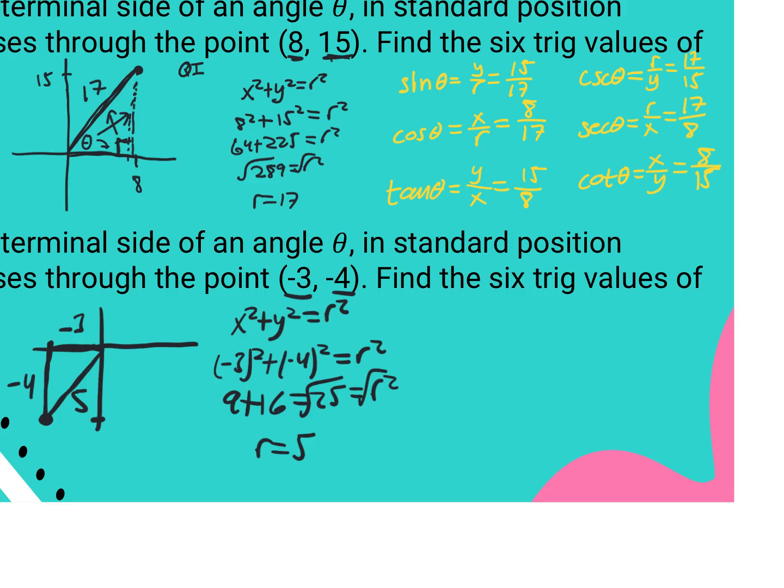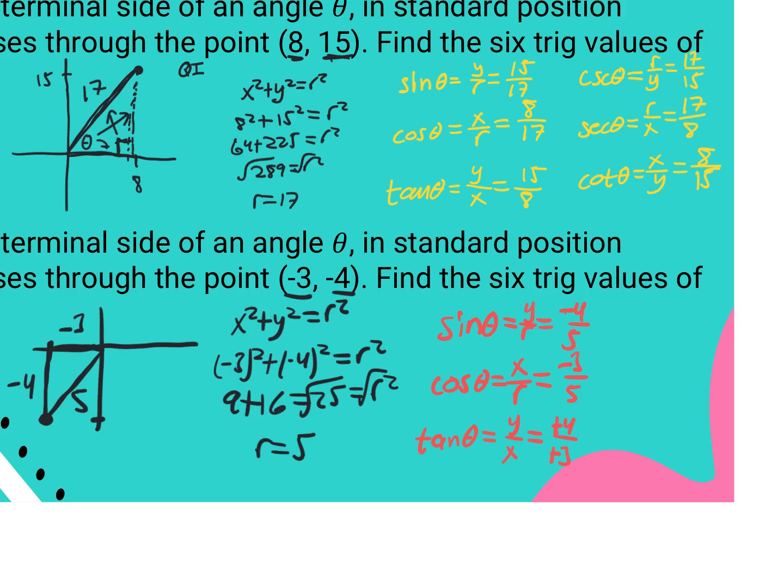All right, so we can start with the ones that we already know, sine, cosine, and tangent. So I know sine has to be y over r, which is going to be -4 over 5. Cosine has to be x over r, which is -3 over 5. And then tangent is going to be y over x, which is going to be -4 over -3. But since they're both negative, we make them positive, right?